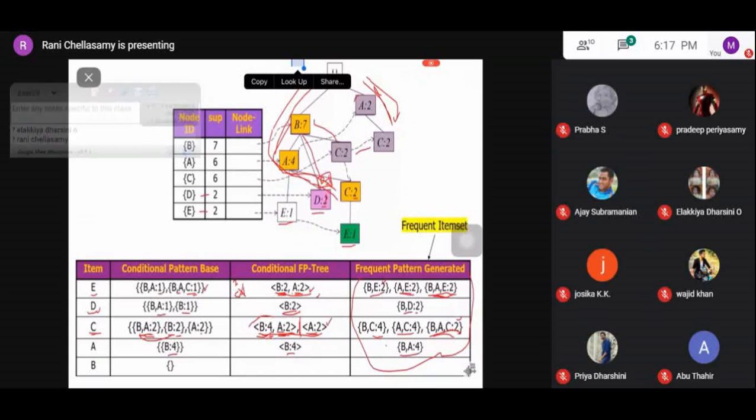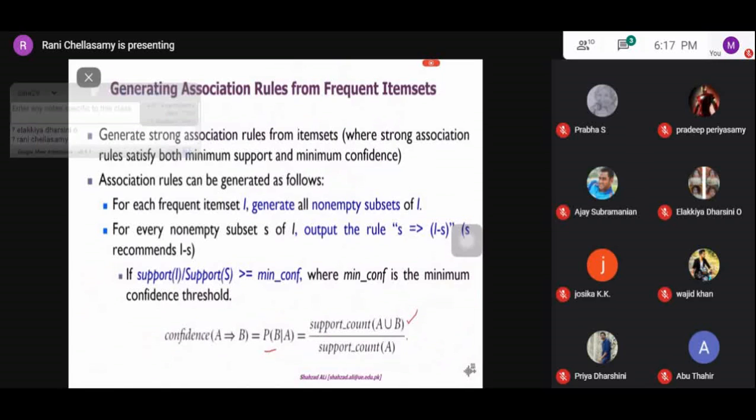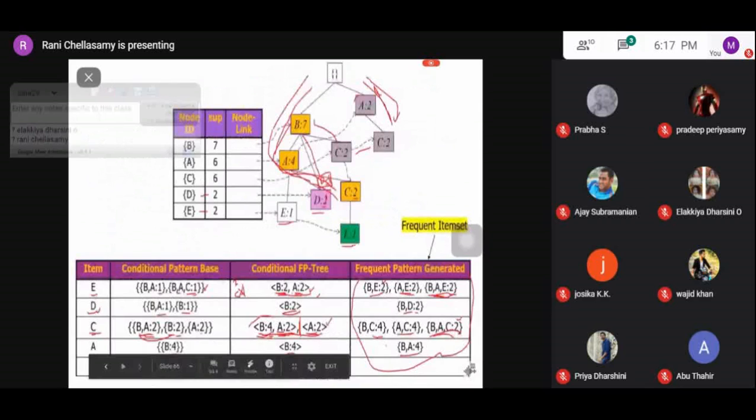Okay. Next, see here. How to find the frequent pattern generation. So here only you are generating the frequent item set. Okay. So how to find it? So with this B and A, you have to join with the item E. So first, what is the first item? By joining B, you will be getting B comma E. So B comma E, the count is 2. Likewise, next item, what is the next item?